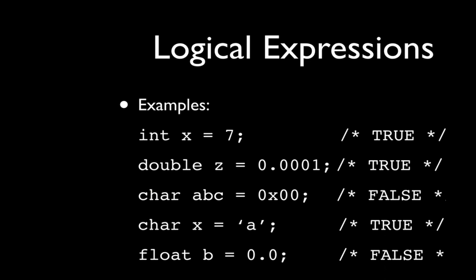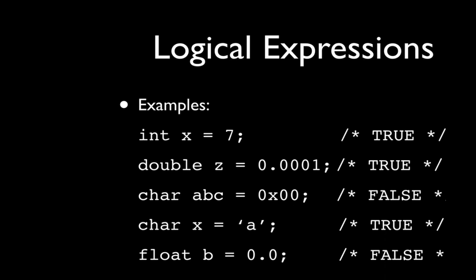Once again, that's non-zero, so if this variable were used where a logical expression is expected, it would assume the value of true. In the third example, I have char abc equals hex 0. So the 0x prefix on that literal means it's hex 0. And that's going to evaluate to false because it's 0.